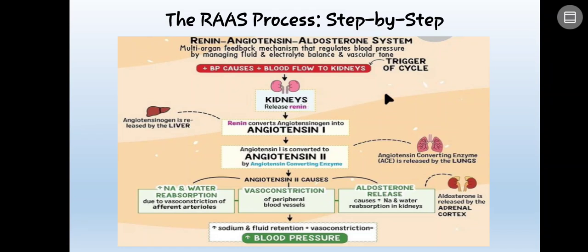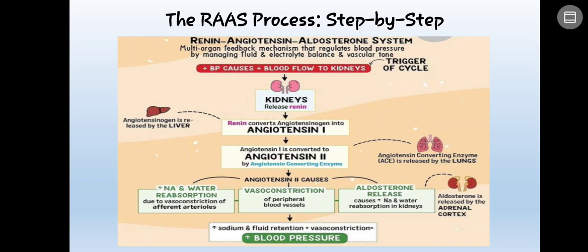More specifically, these cells are located at a very unique area in the kidneys that we call the juxtaglomerular apparatus, at the area where blood is being supplied into the kidneys.